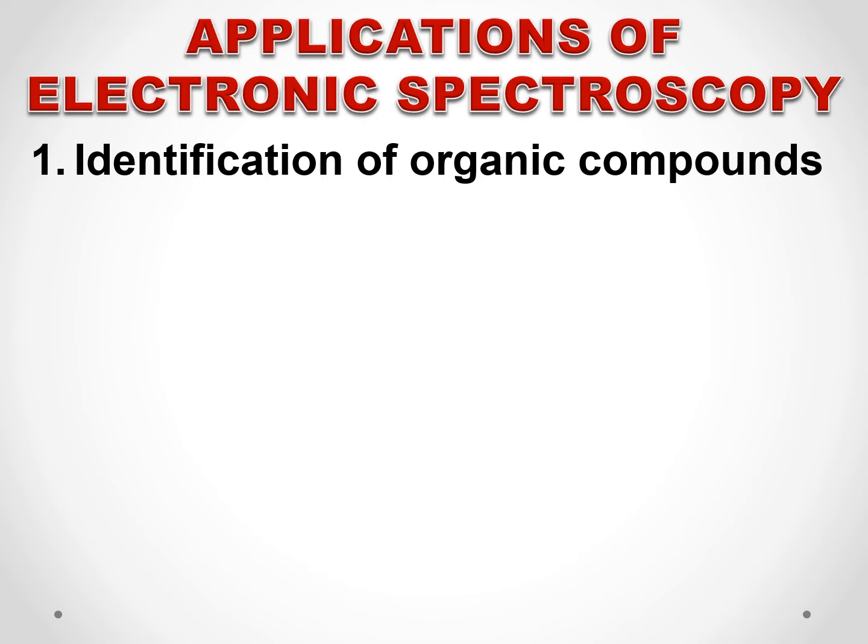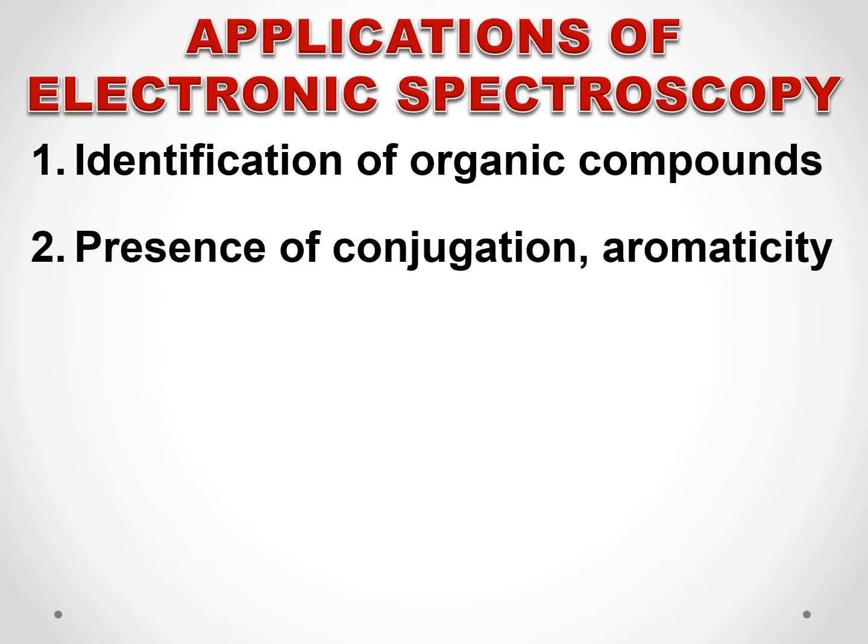We can identify the organic compound. We can understand the presence of conjugation or aromaticity. If the wavelength of the radiation absorbed is higher, it means that there is conjugation or aromaticity in the compound.